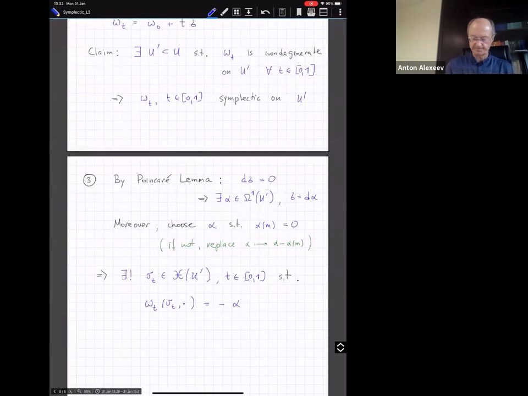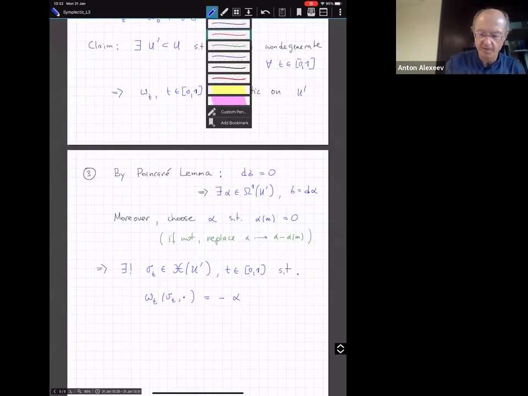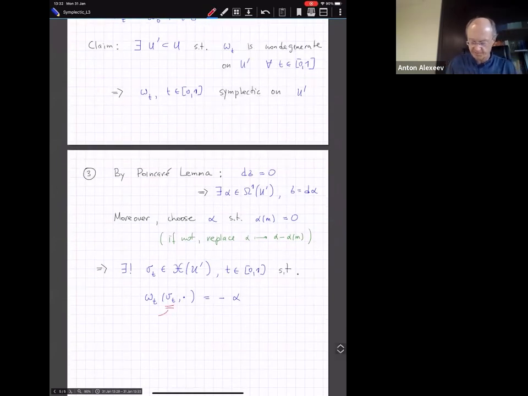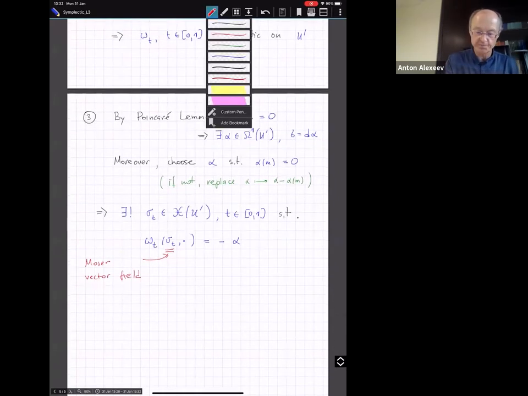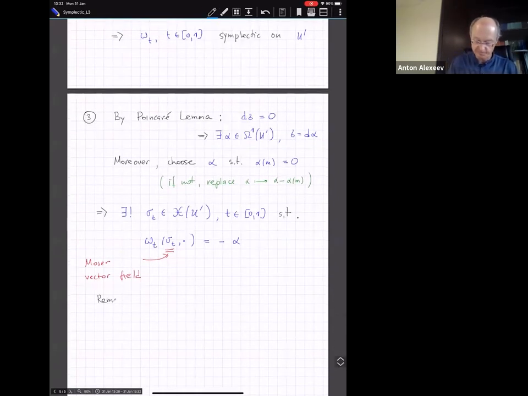So maybe a name and a remark. This V t is called the Moser vector field. And a remark: this V t in general is not a Hamiltonian vector field.